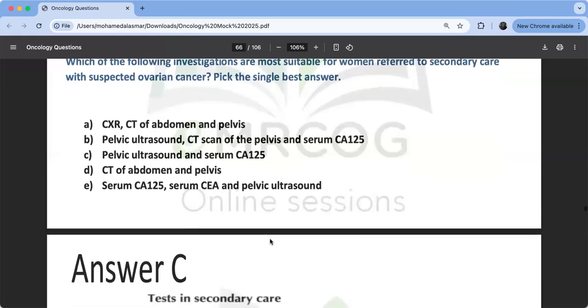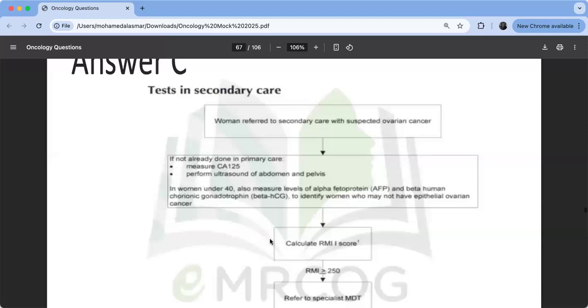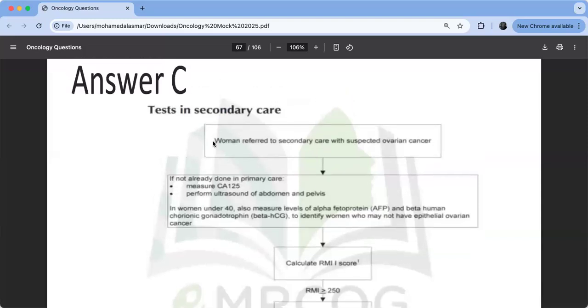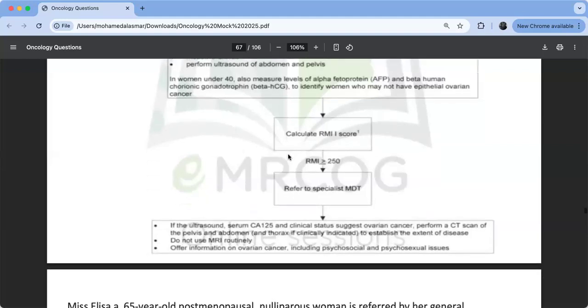Pelvic ultrasound and serum CA125 are required. Well done, Dr. Mayada, as well. And this is from the NICE guideline of ovarian cancer. In secondary care referral, if the patient did not already have the TVS and CA125, this should be done in secondary care and the risk of malignancy index calculated before sending to the specialist MDT.